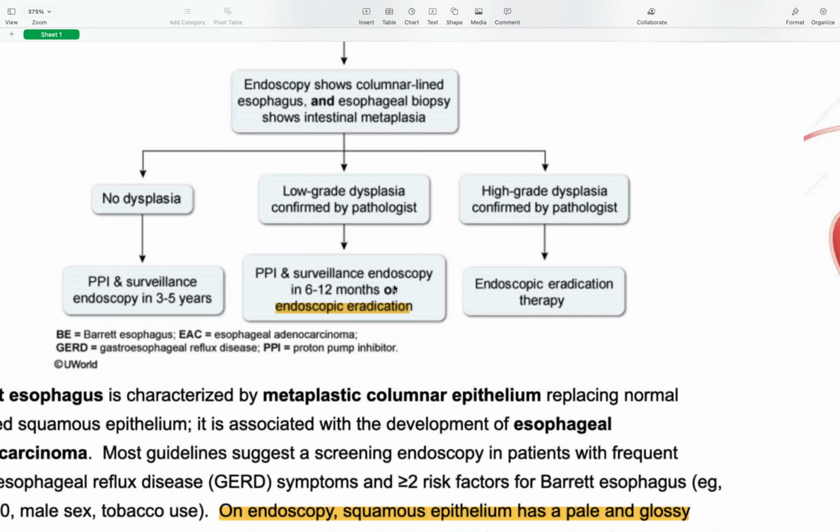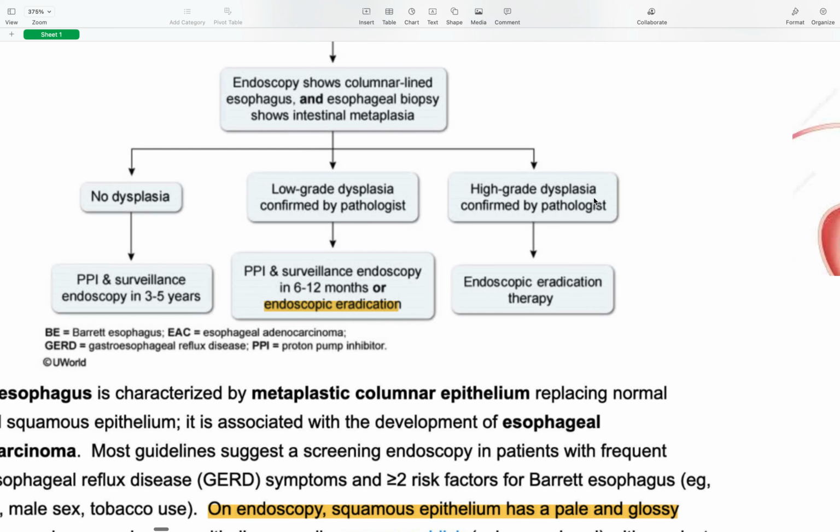All right, and sometimes if there is any potential reason for its progression to high grade dysplasia, then you may also go for endoscopic eradication, like ablation. Okay, or if the patient has high grade dysplasia, then definitely endoscopic eradication therapy.